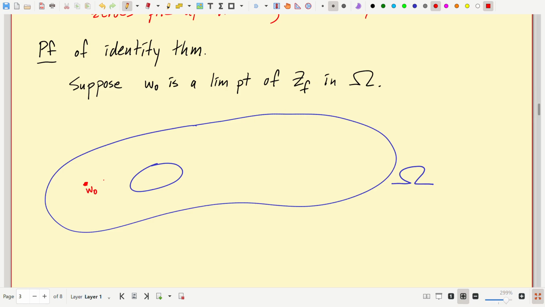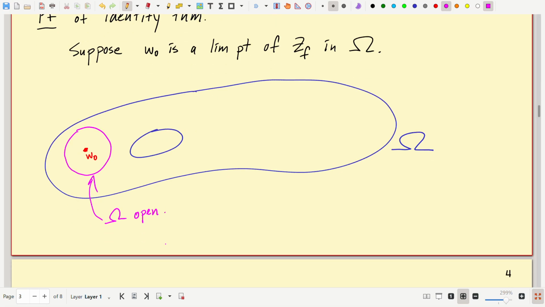Okay, my lemma. Now it's an open set, so I can stick in a disk around here. So omega is open. So there exists a disk of some radius about w naught contained in omega.